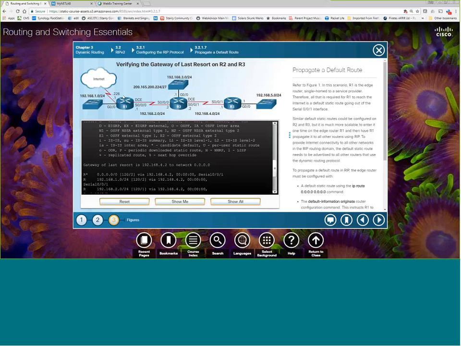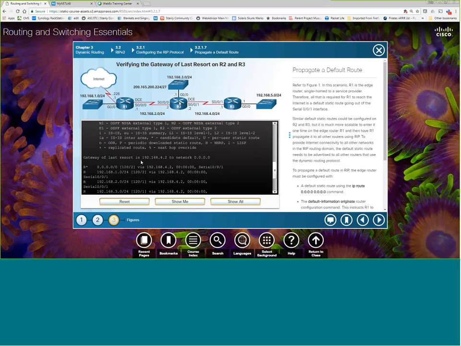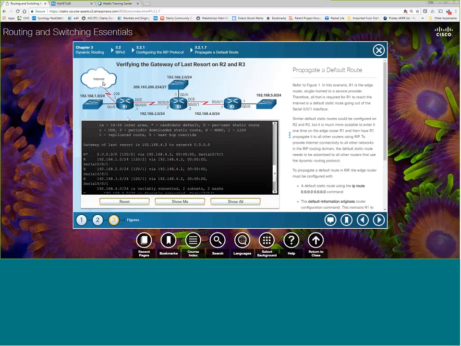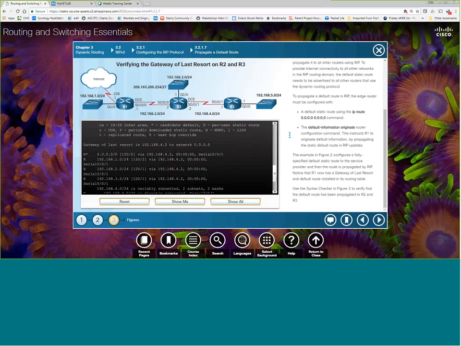So this route is propagated from R1 via RIP to R2, and then from R2 via RIP to R3. So we put one default route here and use default-information originate, and it's being advertised, or propagated, inside to all of our other routers running RIP. Saves you a ton of time. You'll notice it was learned by RIP, so you know it's been propagated into RIP.